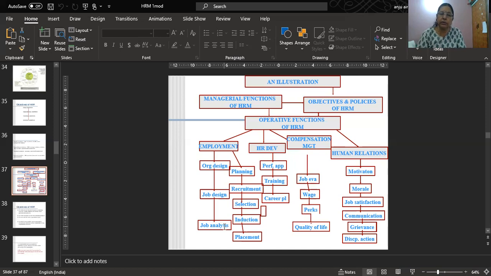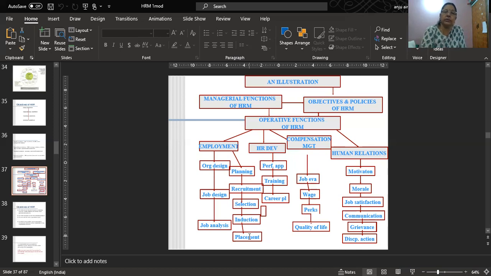Based on that they will do planning of their human resource in the short term and long term, and then they will do recruitment and selection, that is selecting the employees with the required skills, knowledge and capabilities, matching them to the right job and placing them in the right job at the right time. Induction is orienting the new employees to the organization's way of working, organization's culture, and final placement of employees in jobs.